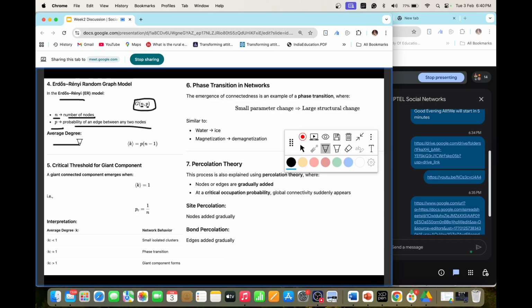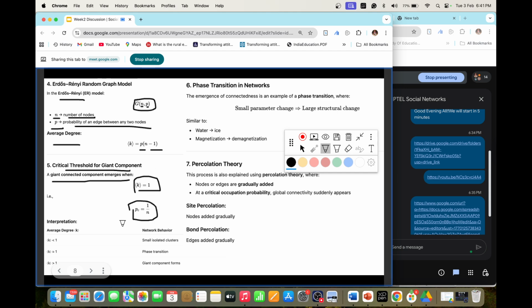So we write this graph as G(n, p). There are two attributes: n, the number of nodes, and p, the probability of an edge between two nodes. The average degree that we can get is p into (n minus 1). Critical threshold for the giant component: a giant connected component emerges when this k will be equal to 1. In that case a giant component will emerge, and the critical threshold probability pc will be 1 by n.